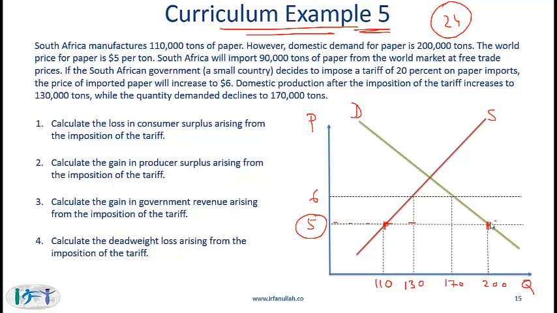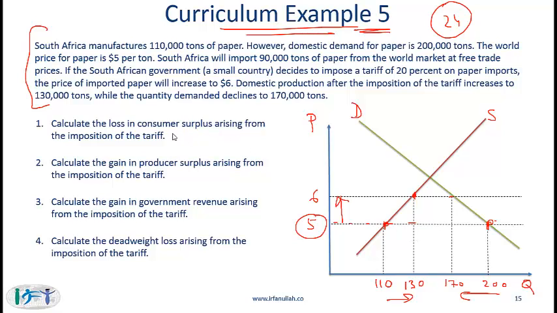So those are the 2 points. When there is a tariff of 20%, the price goes up to 6. The amount produced and supplied internally goes up to 130. The demand comes down from 200 to 170. Effectively, this question gives you all the data that you need.